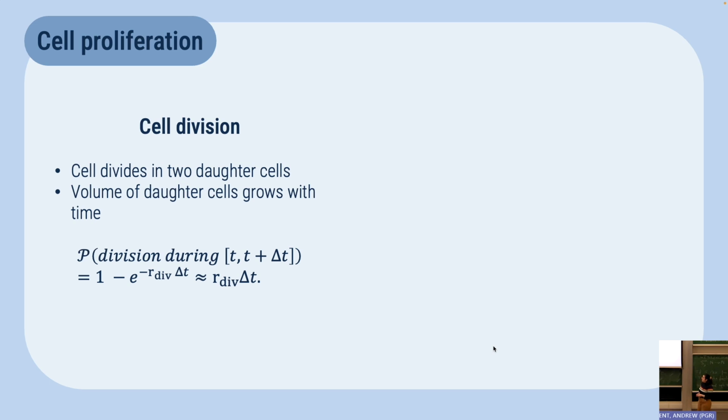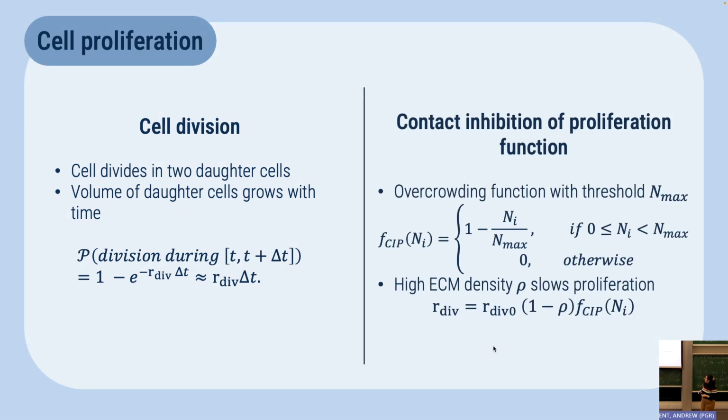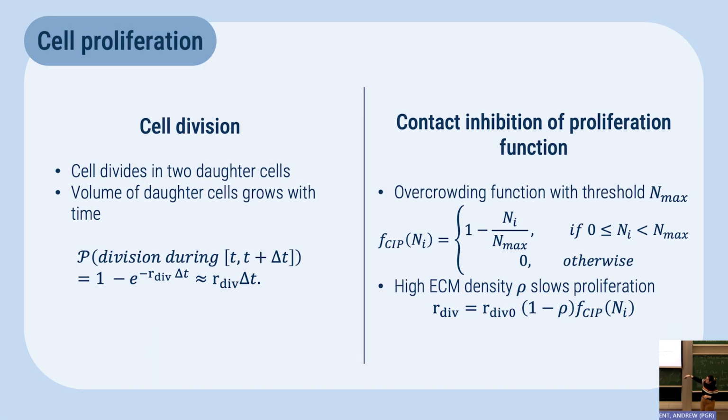For cell proliferation, the division is quite simple. There is a certain probability for the cells to divide, and when the cells divide, they split into 2 cells of volume half the initial cell volume, and then over time they will grow in volume again and divide, etc. What I've added is this contact inhibition of proliferation function, which affects the rate of division.